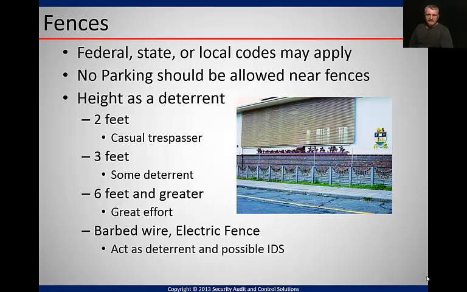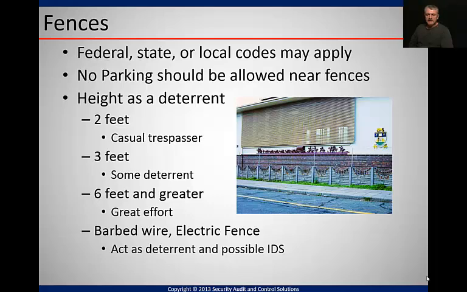Now, also, when we look at fences, there are federal, state, and local codes that may apply. However, obvious things like no parking should be allowed near fences, because trucks, lorries, or cars, whatever, can be used as a springboard to get inside your environment. When we look at height as a deterrent, there are differences. At 2 feet, a casual trespasser may be stopped. At 3 feet, some deterrent may occur.